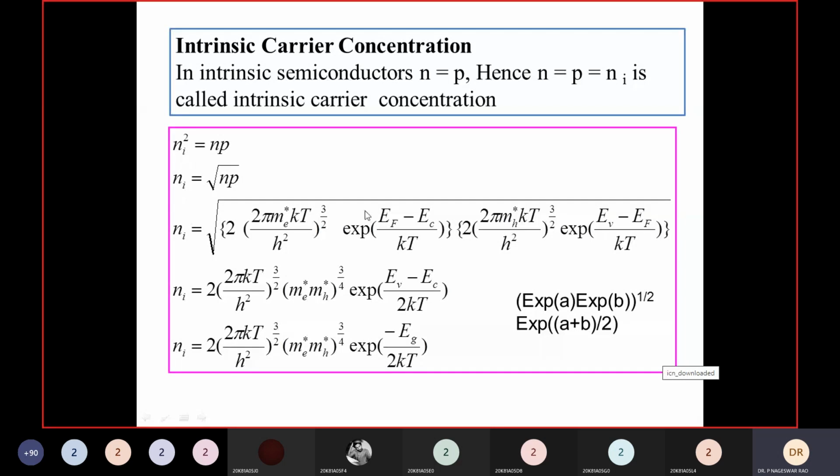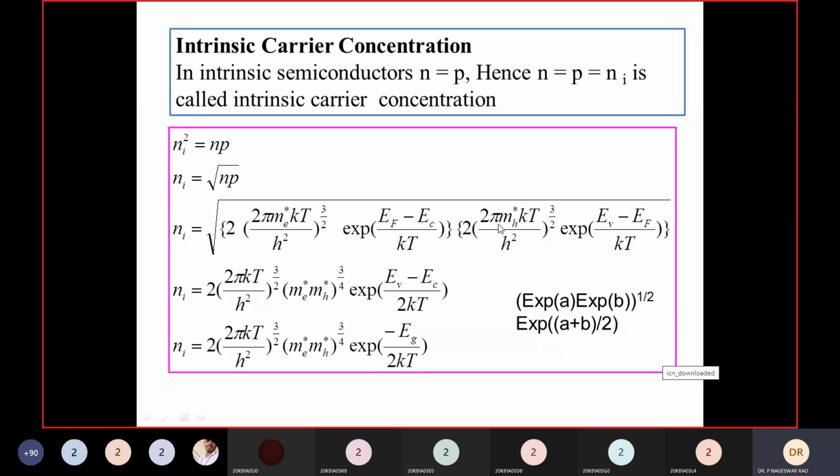Here 2 pi KT by h square is common for both, so we can write that value outside the root. The 2 will also be outside. So 2 into (2 pi KT by h square) whole power 3 by 2, and here me power 3 by 2 and mh power 3 by 2 will be there.